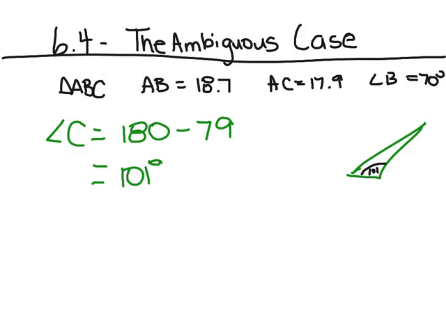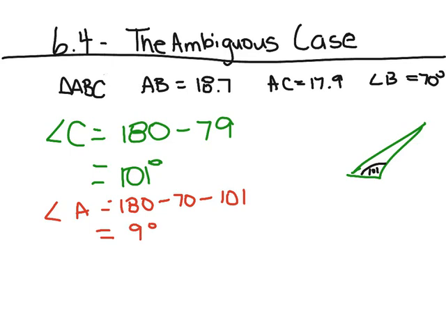And the reason why we use C to figure out our new triangle is because that's the angle that we solved for initially. Because we solved for C first because we know the other two sides. This is the angle that could also be obtuse. So we can find our angle A now. So angle A is 180 minus 70 minus 101, which is 9 degrees.